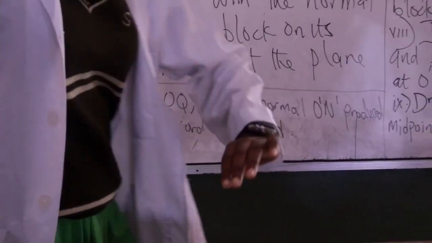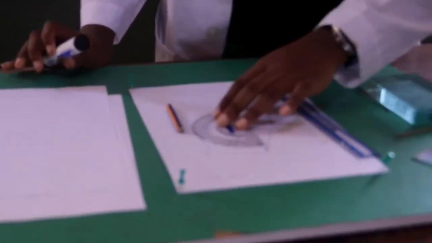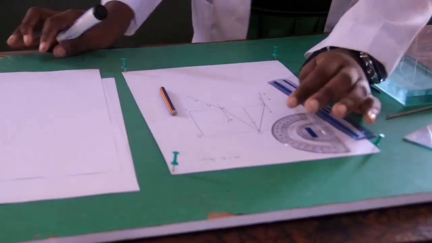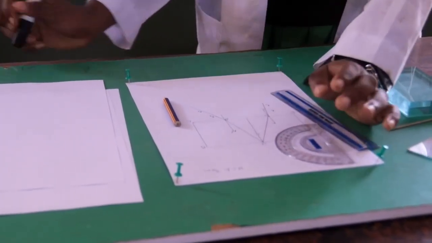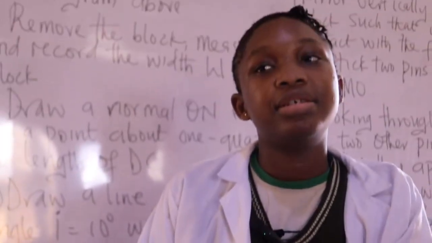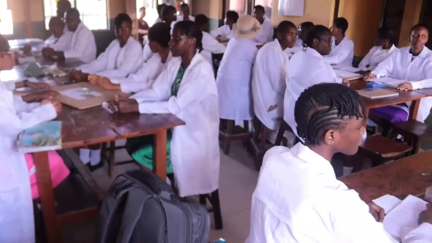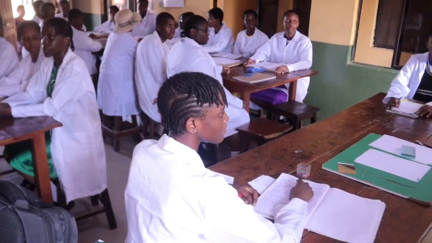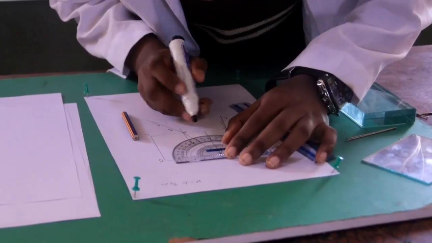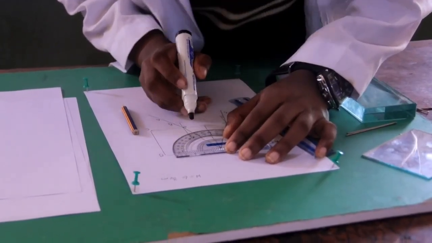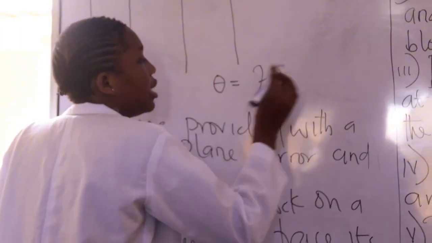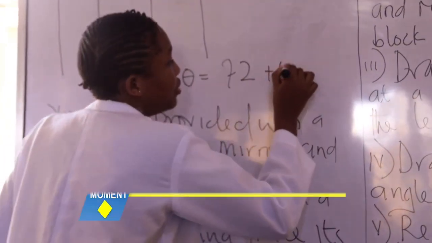Then I'm measuring theta, which is here. For me to measure theta, I'll have to measure the first side, the second side, and add it together. Do you understand? Yes. For the first side, it is 72, and for the second side, it is 63.